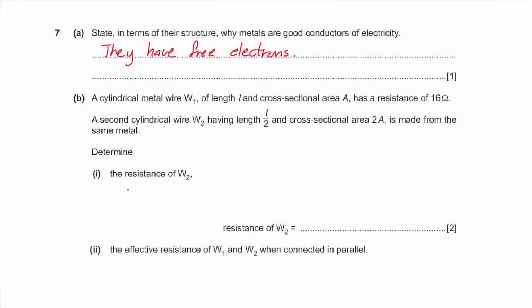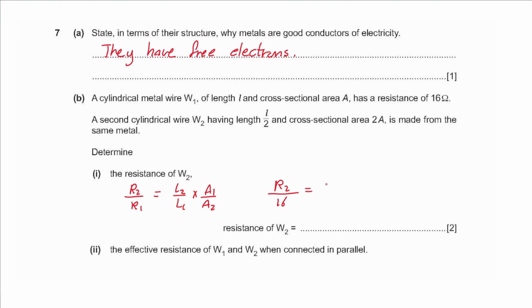We can use a ratio or a fractional relationship. Resistance is proportional to length and inversely proportional to area, so we can say that resistance 2 over resistance 1 is equal to the ratio of length 2 over length 1 multiplied by area 1 over area 2, since it is inversely proportional to area. Resistance 2 is unknown. Resistance 1 was 16.